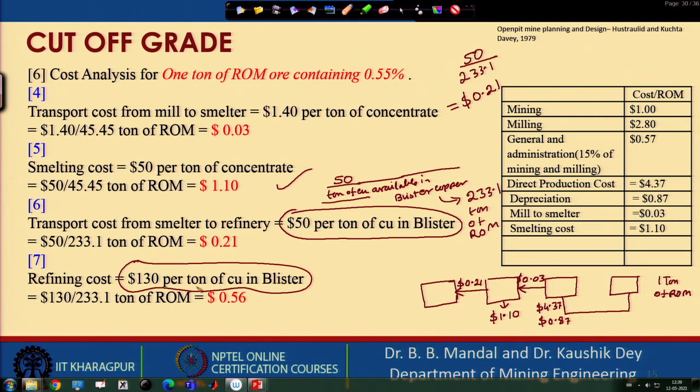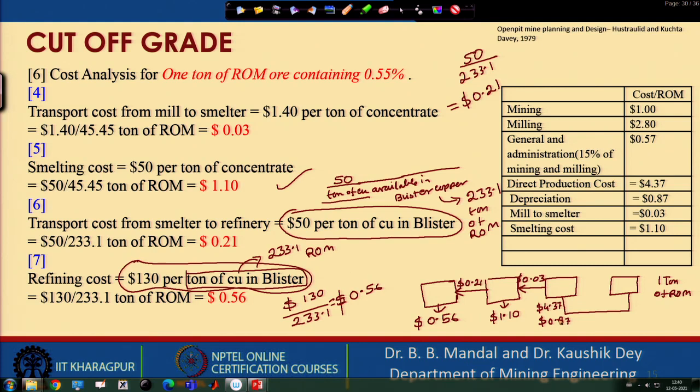We know that a ton of copper in the blister represents 233.1 ton of ROM. So, the refining cost is $130 divided by 233.1, and it is coming to 0.56 dollar as the refining cost.